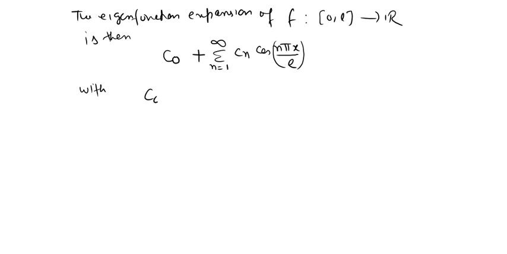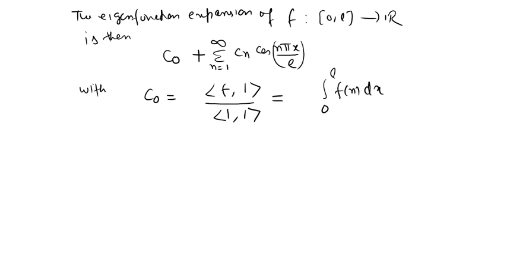So you have C0 equal to, how do we compute that? Inner product of f with 1 divided by inner product of 1 with 1. Okay, that is corresponding to eigenvalue 1. The inner product of f with 1 will be the integral 0 to L of f x dx, and 1 with 1 means the integral 0 to L of 1 dx, and you got L here.